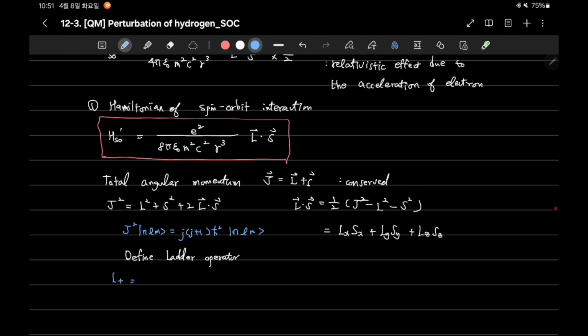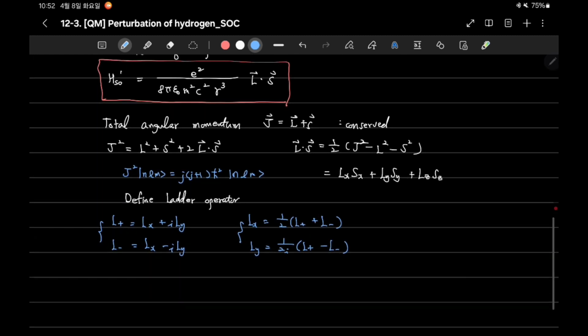L plus, the raising operator, is L_x plus i L_y, and the lowering operator is L_x minus i L_y. Then L_x is 1/2 (L plus plus L minus), and L_y is 1/2i (L plus minus L minus).